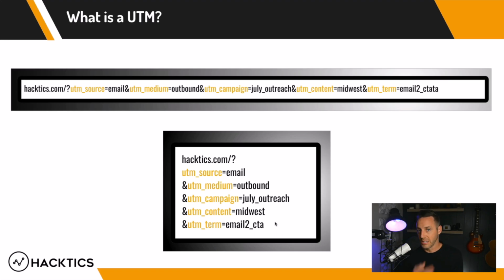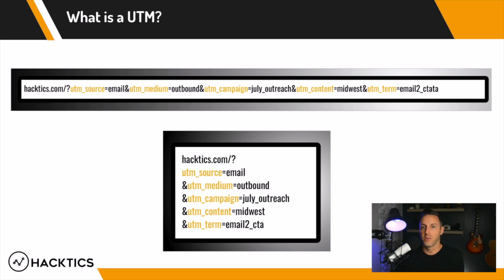You might just need those 3 levels so that you know, hey, this conversion came from an email. It was an outbound email or like a newsletter. You could denote whether this is cold email, and then the name of the campaign. So the name of the campaign could be July outreach, or I'm filming this in October, so it could be, like, hey, this is sort of the Black Friday promo that's coming up.